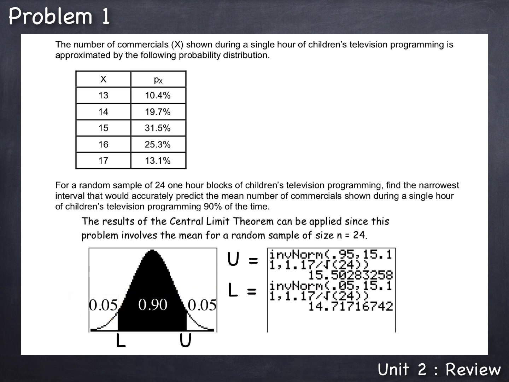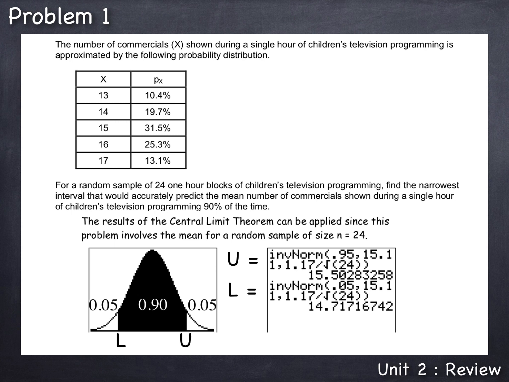After we enter the less than probability in the inverse norm command, we press comma, and then the second number we enter is the mean. When looking at this problem, we find that the mean is not given. Instead, we will use the probability distribution in our calculator to calculate the mean and standard deviation for us.